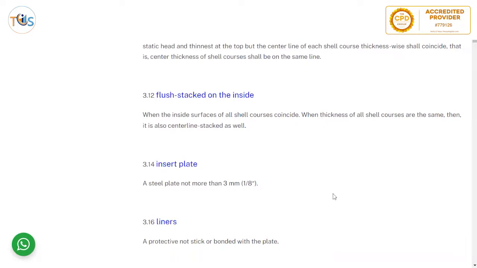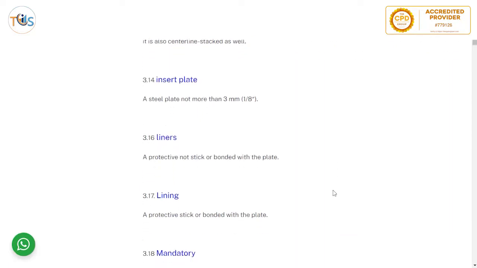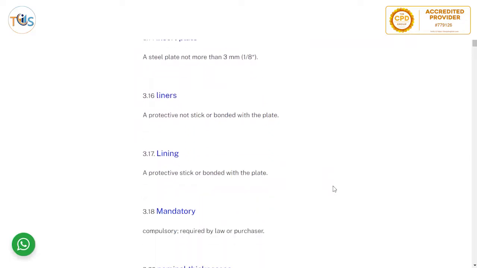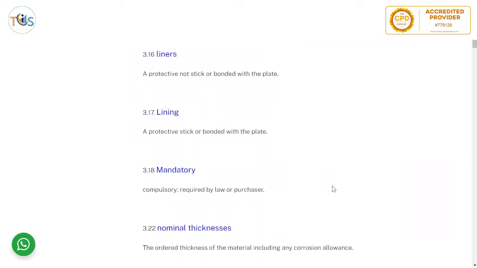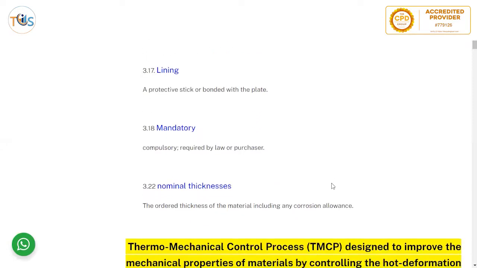Insert plate. A steel plate not more than 3 mm or 1/8 inch. Liners. A protective non-stick or bonded with the plate. Lining. A protective stick or bonded with the plate.